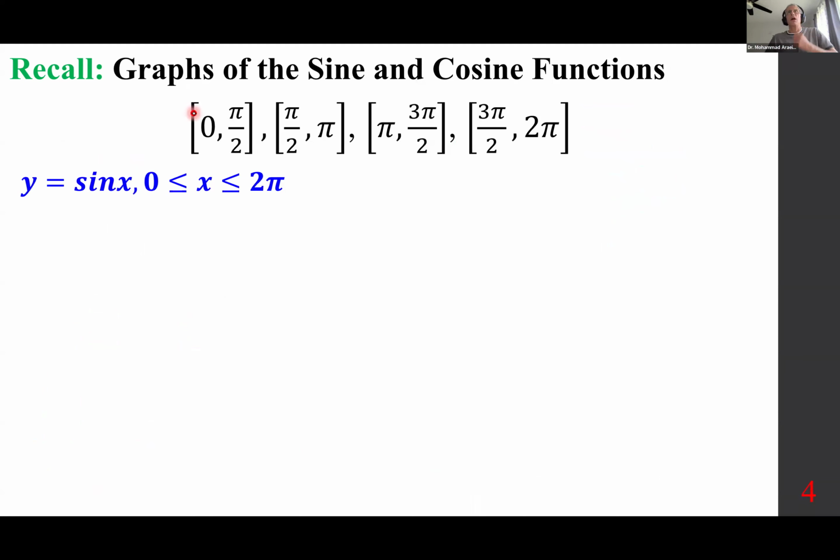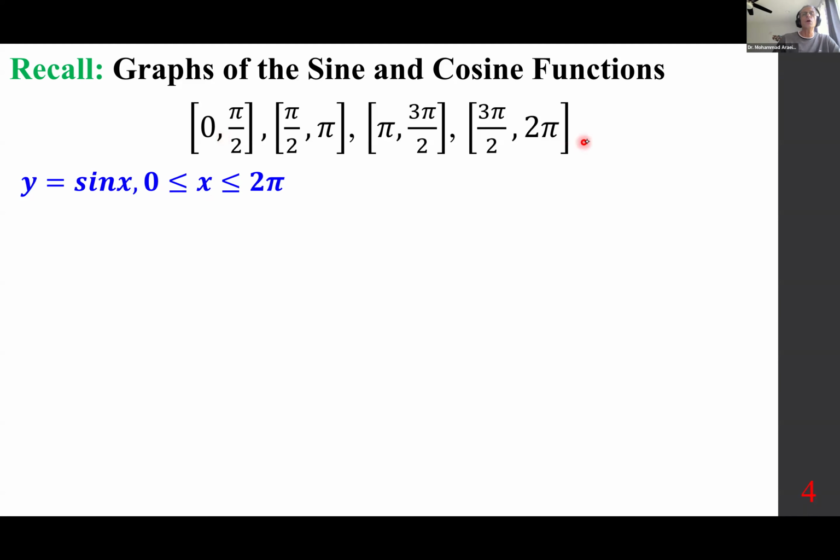Graph of the sine and cosine function where we are dealing with sine x. Between 0 and 2 pi, that is the restriction for one complete cycle, and then we go indefinitely on both sides as far as the sine or cosine is concerned.